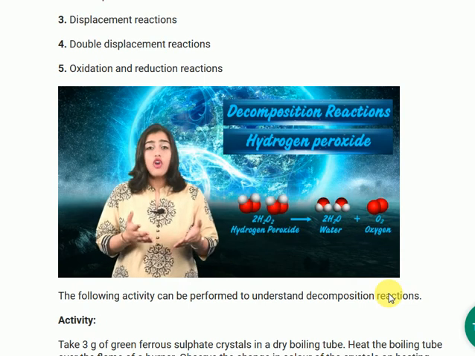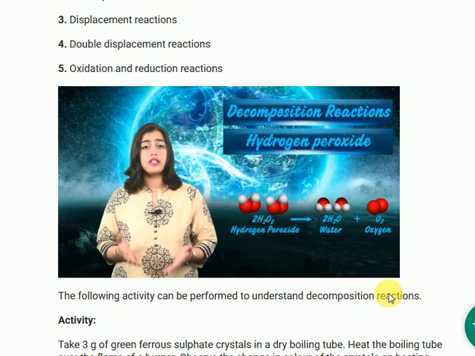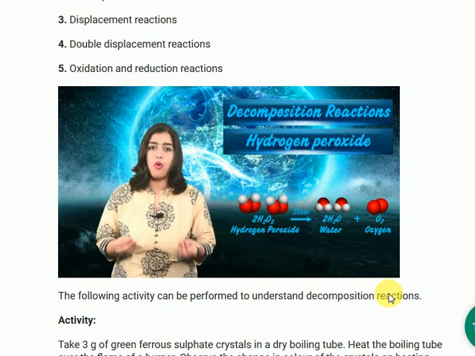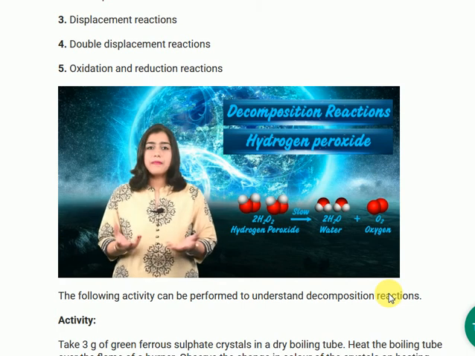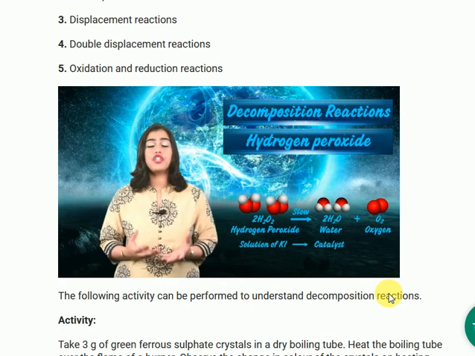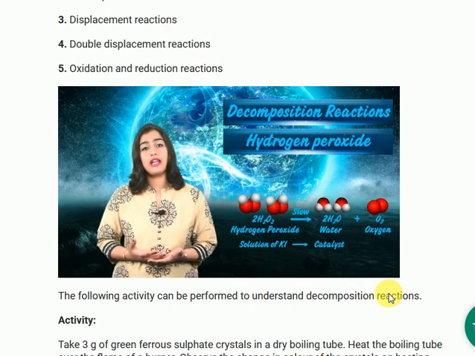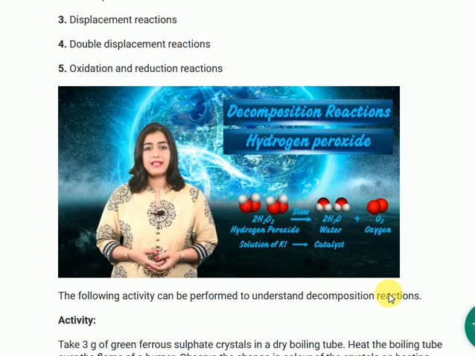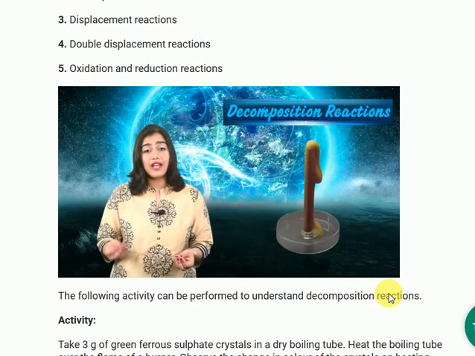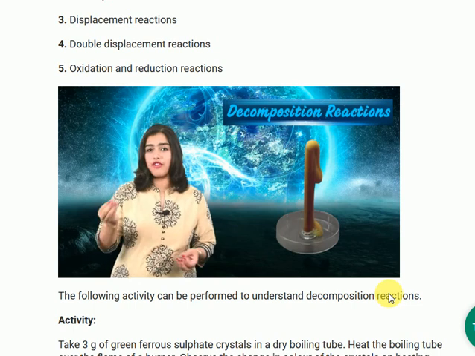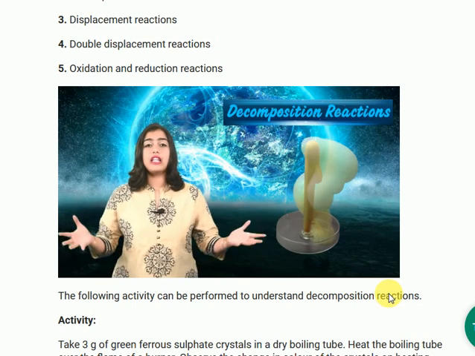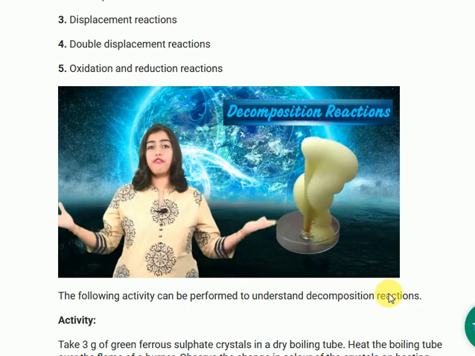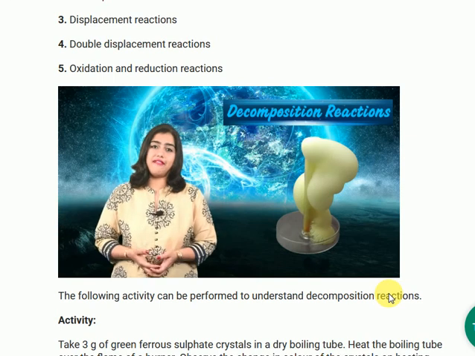Now, under normal conditions, this decomposition is very slow. However, some substances like the solution of potassium iodide can be added to speed up the process. And if the reaction mixture contains a small amount of soap, you get a lovely huge ball of foam which is given the name of elephant's toothpaste.